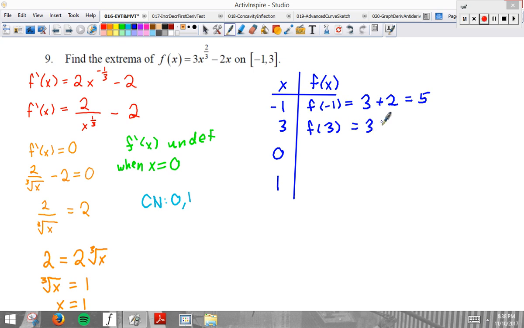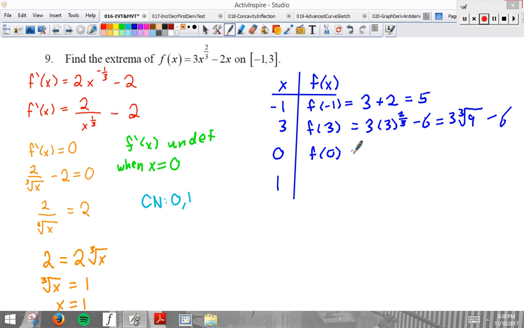Now this is the hard one, because there's no real way to simplify 3 to the 2/3 power. But I will say it's 3 times the cube root of 9, because we will be able to get a bound on that.